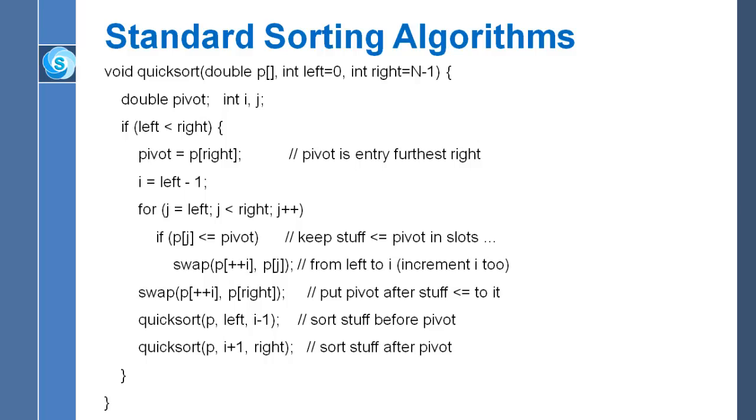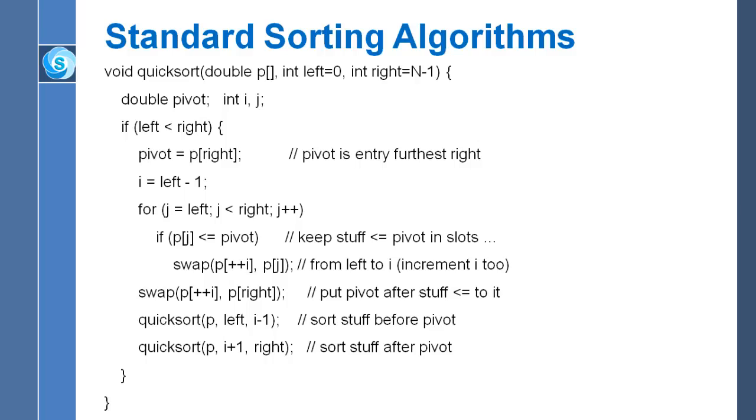First step, take what's in position right of the array and copy it into pivot. Simple. The variable i is actually being set to 1 less than the left index, and this could be done differently, but this is how it's done here in order to line up with the pseudocode in the book.